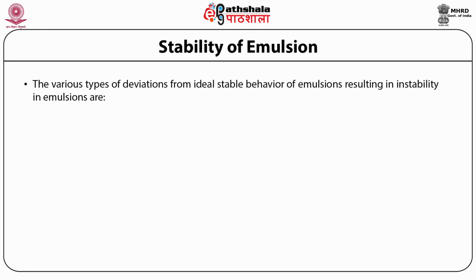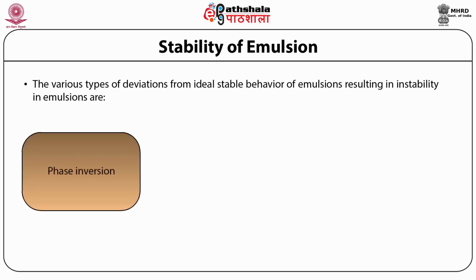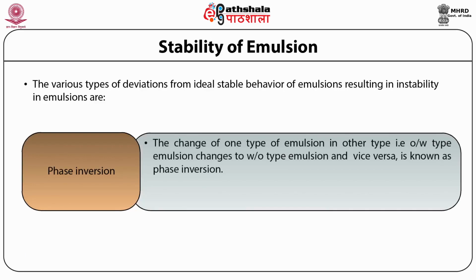The next type of instability occurring in an emulsion is phase inversion. In phase inversion, there is a change of one type of emulsion into another type.